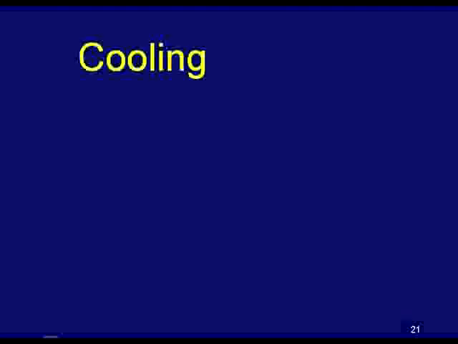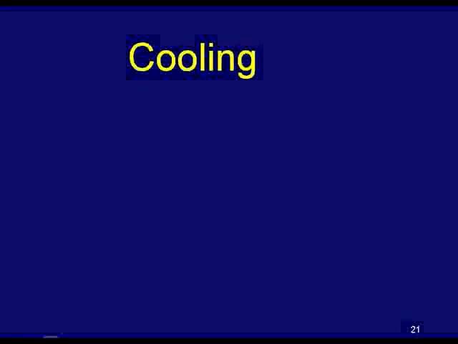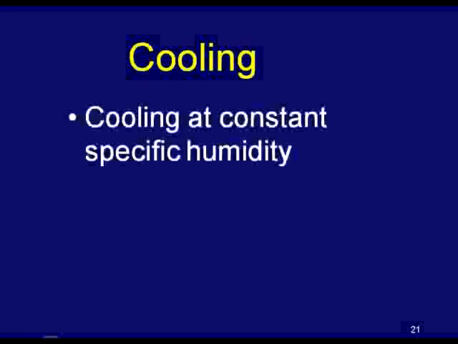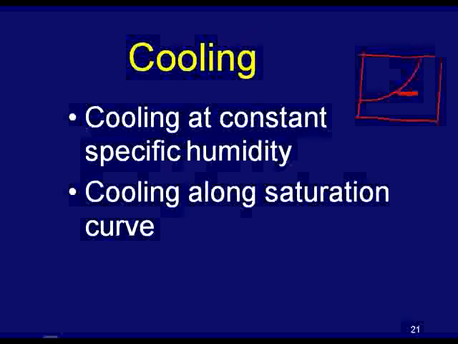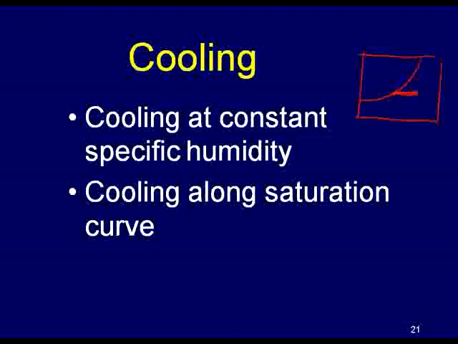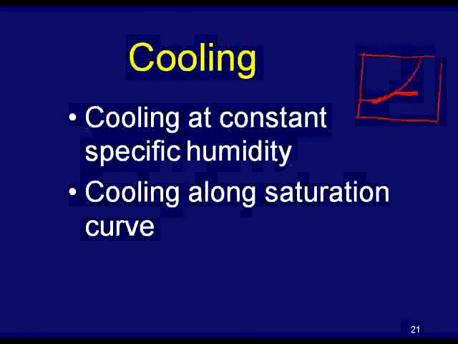Okay, let's look at cooling. We looked at cooling at constant specific humidity, and just reviewing here what we've done, here's our psychrometric chart. We take a humid mixture and we cool it at constant specific humidity, constant absolute humidity, and then once it reaches saturation, it cools along the saturated curve.